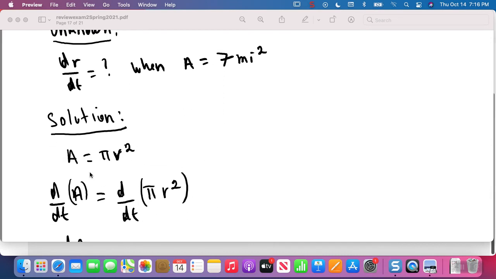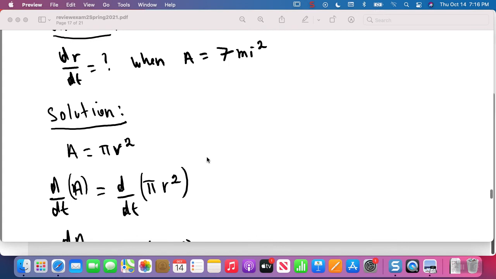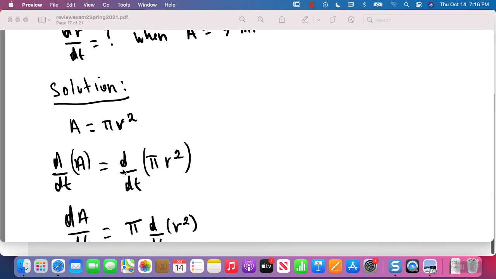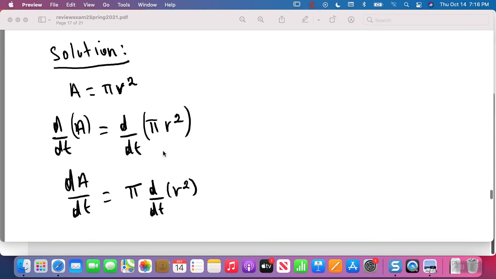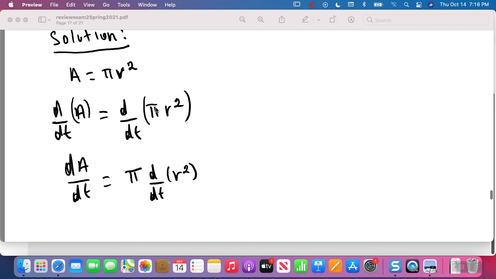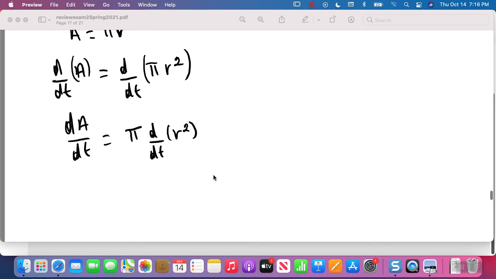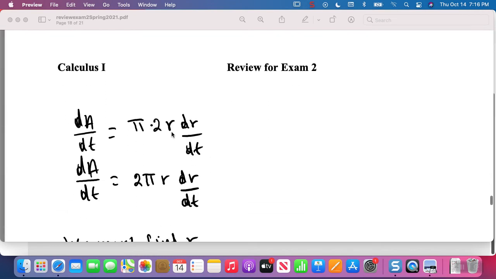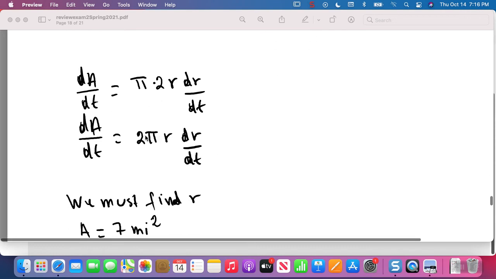We start with the connector, A equals pi times r squared, and take the derivative with respect to t of both sides. On the left side we get dA/dt. On the right side, because pi is a constant, we apply the derivative to r squared, which gives us 2r times dr/dt, so we get 2 pi r dr/dt.